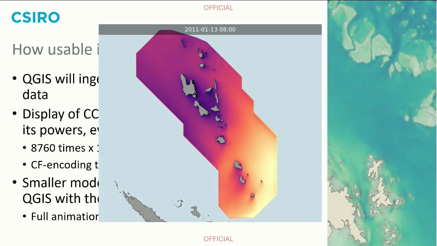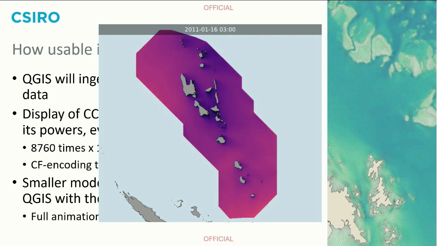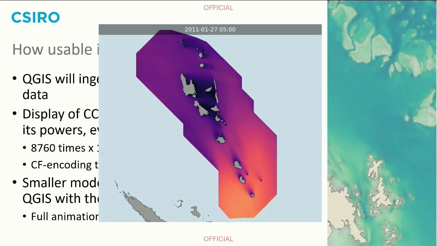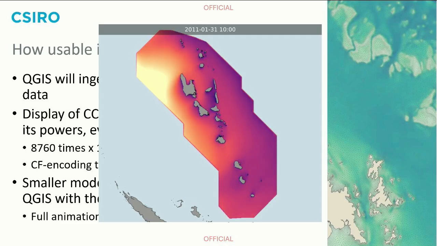We've managed to get QGIS to load in depth information, but not necessarily animation information, because we've got some issues with regard to the rechunking and re-encoding of the data that make it a little bit less friendly to QGIS. But for the smaller data sets, the ones that have been less played around with regard to compression, it works rather well.